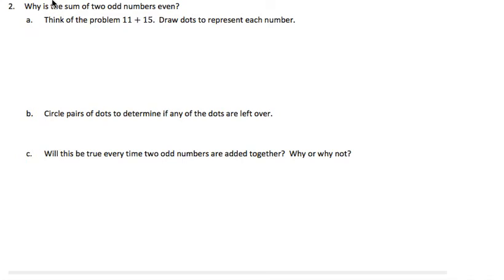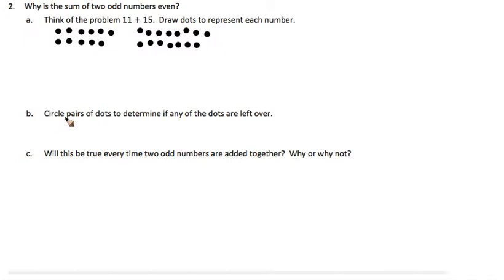Next, we explore why the sum of 2 odd numbers is even. And we're going to look at the problem 11 plus 15 the same way that we looked at our even numbers in question 1. So we're going to draw dots to represent 11 and 15. We have 11 dots and 15 dots.